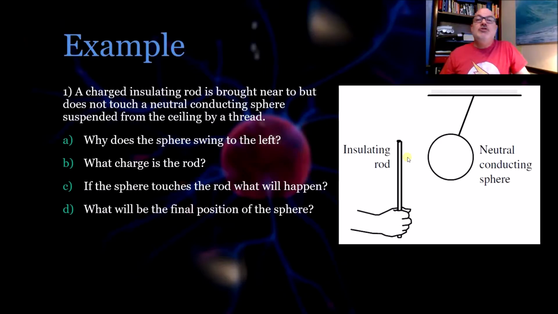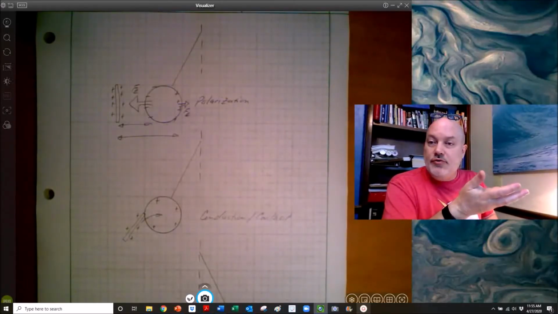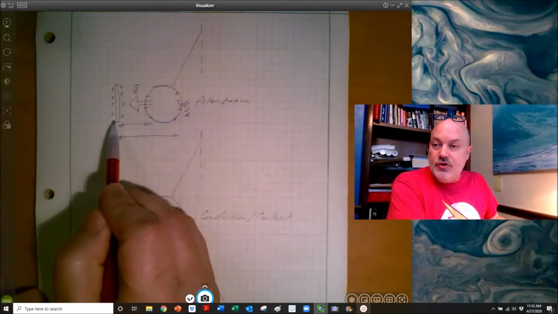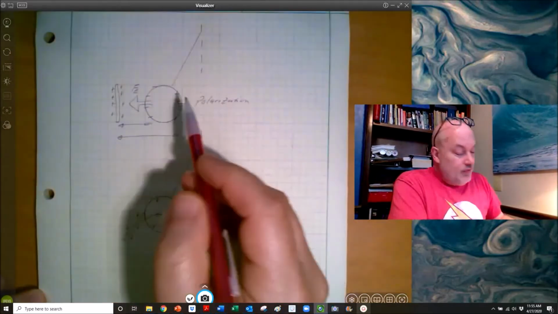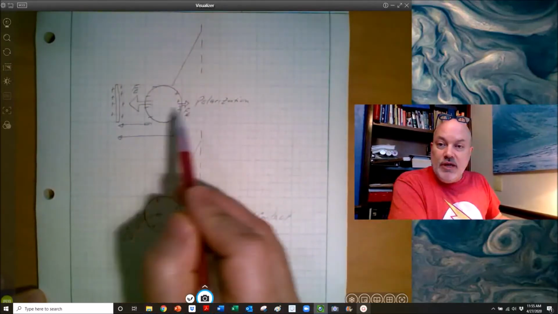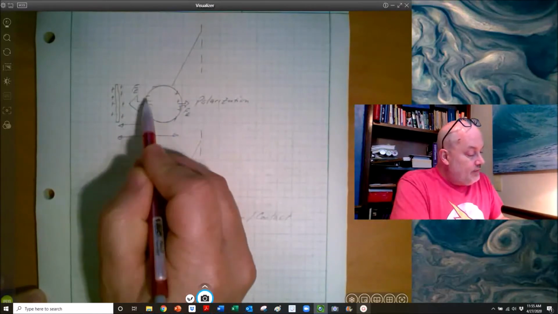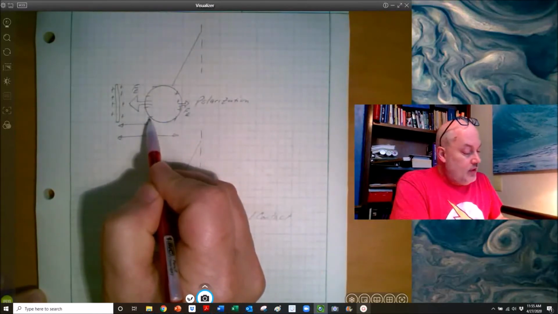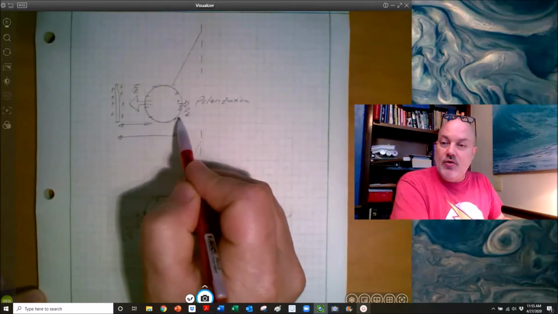Let me show you on a piece of paper. All right, so here is our sphere and the charged rod. Now I've just written down that the charged rod is positive, and the sphere swung to the left. Now, it swings to the left because of polarization. Now what happens is there's negative charges over here on the left that get attracted to the rod, leaving a positive side over here.